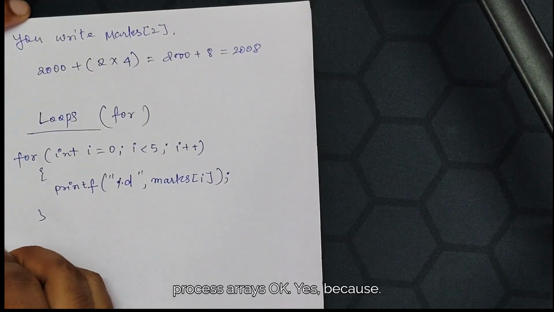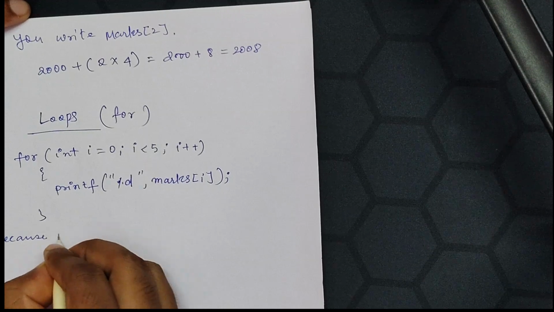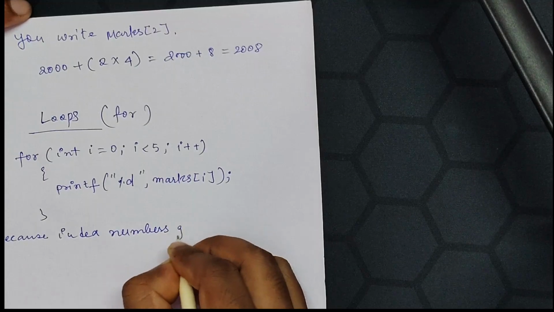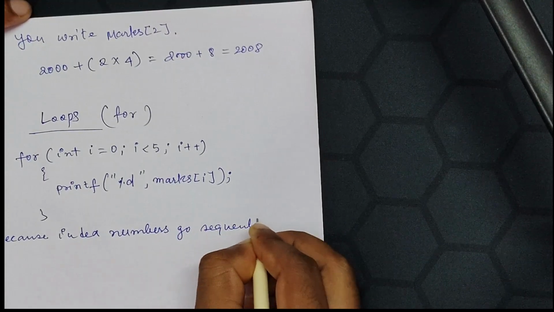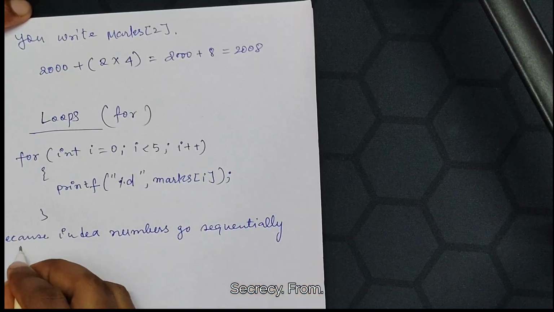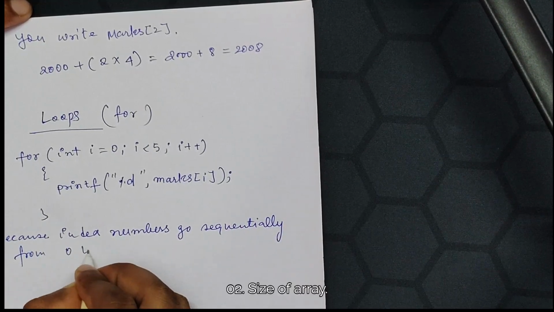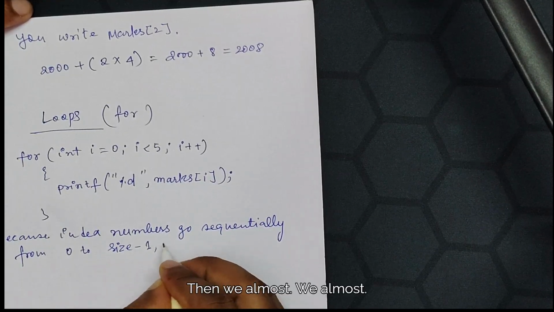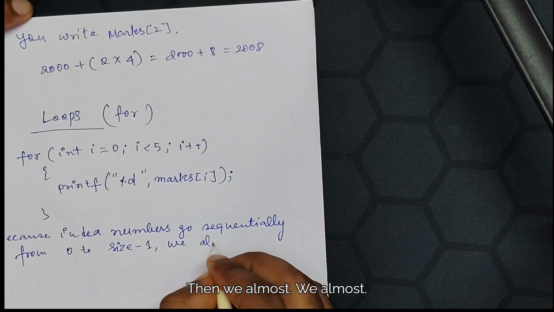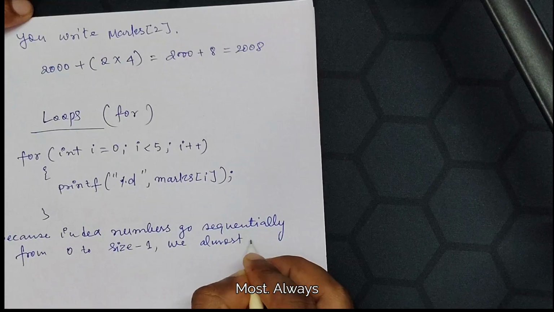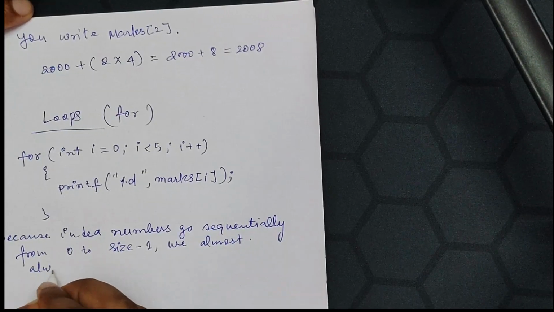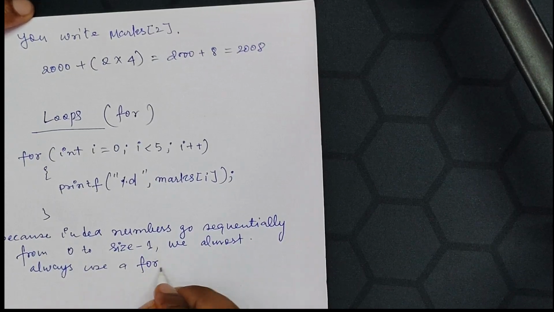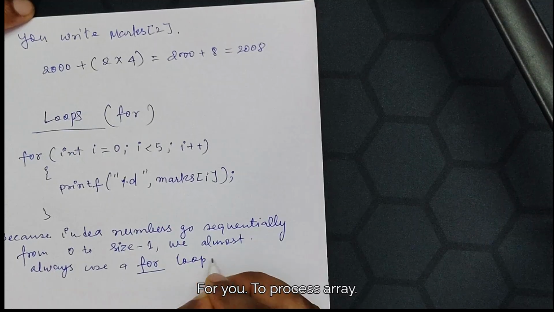Okay, here, because index numbers go sequentially from 0 to size of array minus 1, we almost always use a for loop to process an array.